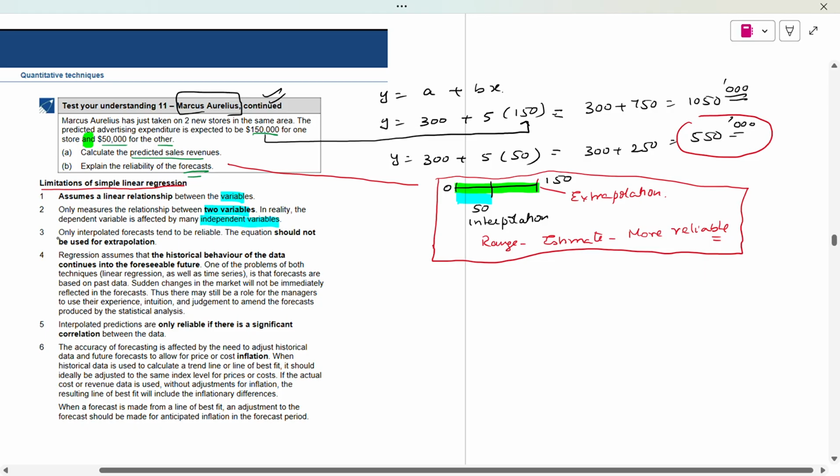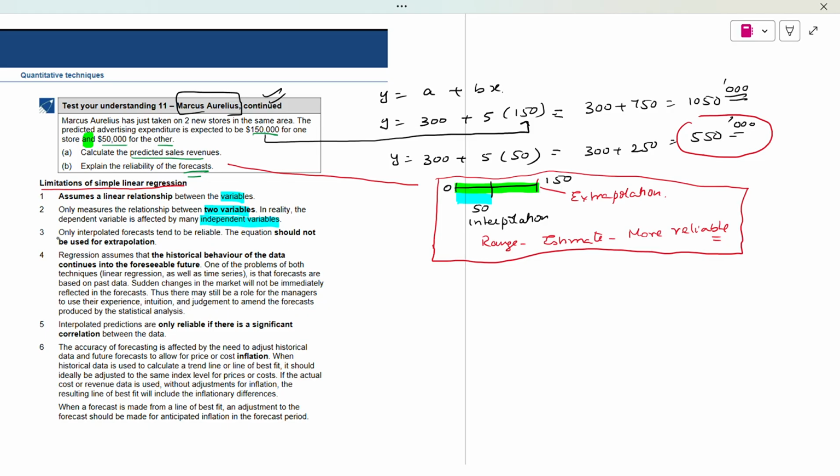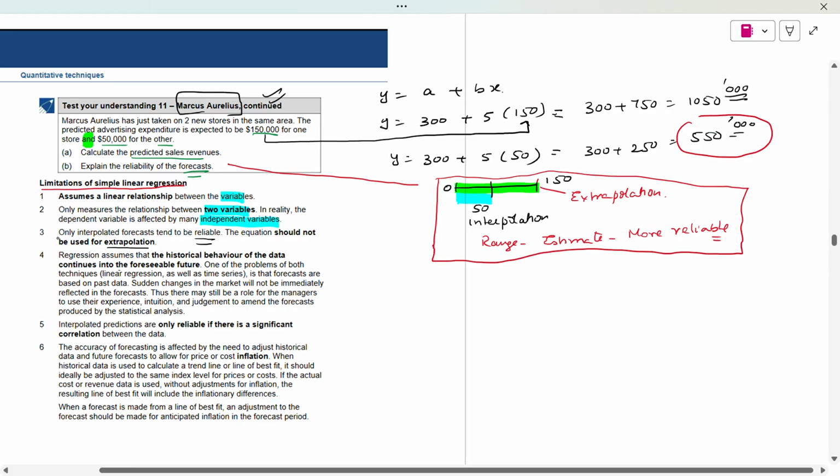Only interpolated forecasts are to be reliable. The equation should not be used for extrapolation. Regression assumes that the historical behavior of the data continues to be followed.